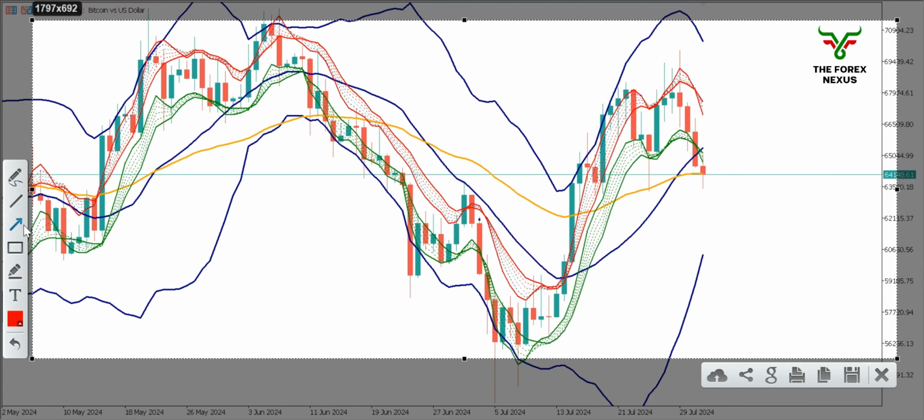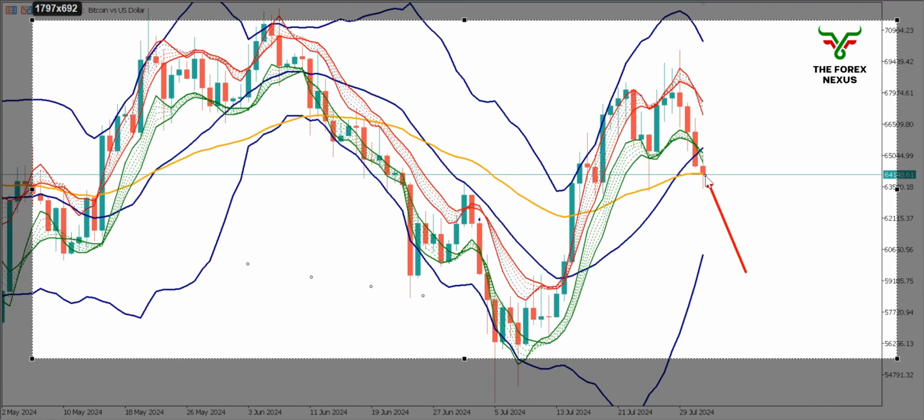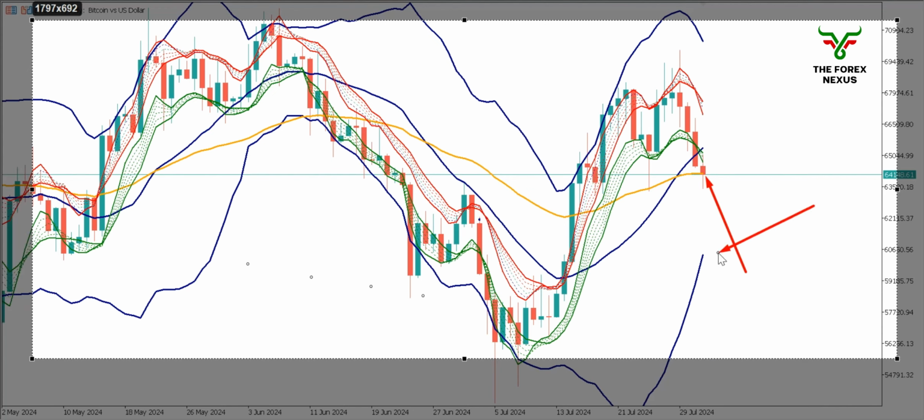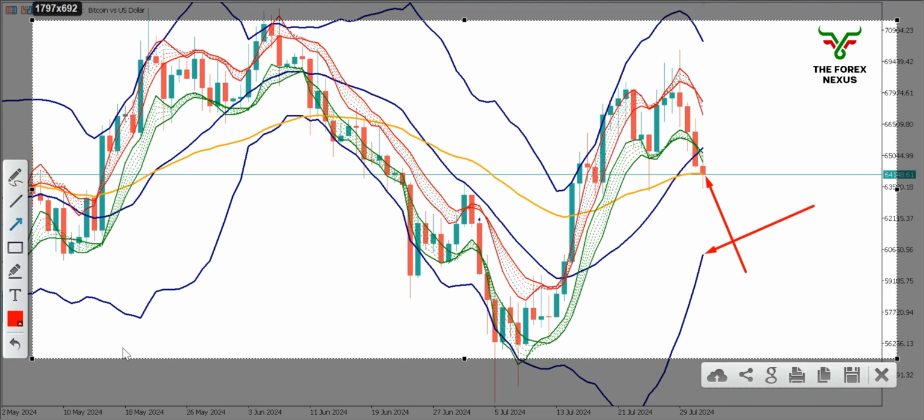It's getting rejection from the EMA 50, but on one step higher time frame there is not a buy zone. If the market drops to the MA5 10 low, then it will drop to this point, and I'm expecting that the market will make extreme here and then go upside.